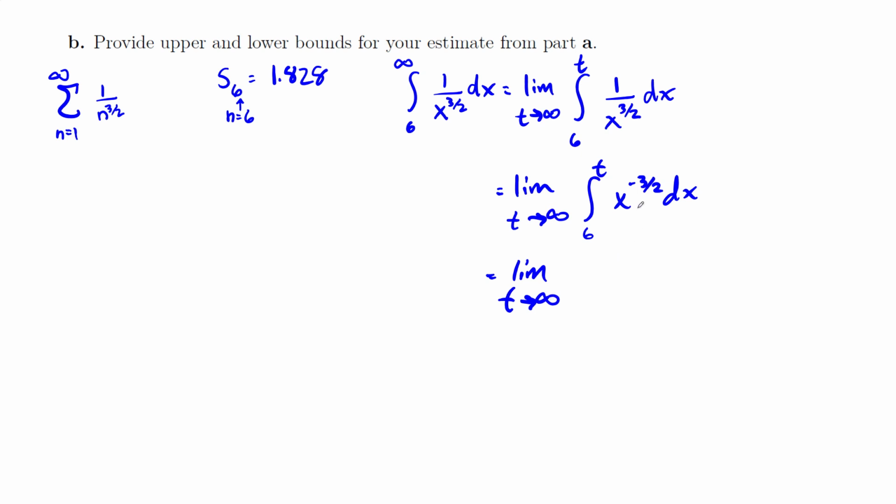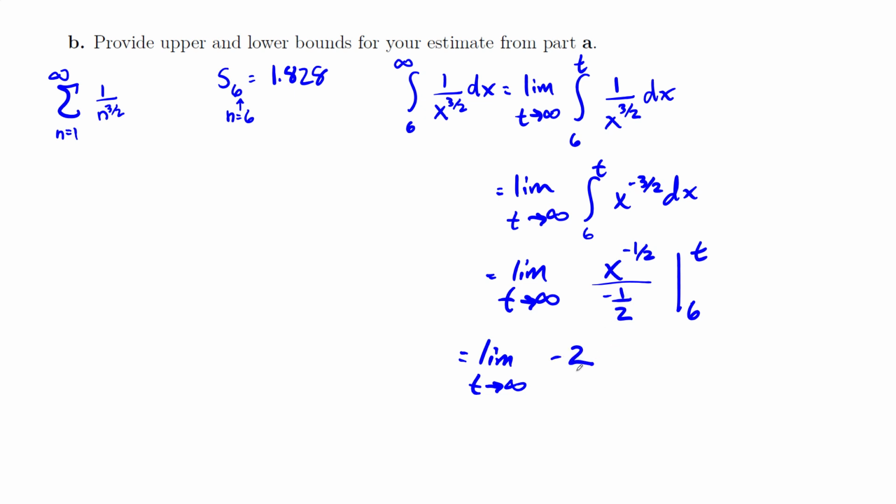And then, of course, we are going to add 1 to our exponent. So this will be x to the negative 1/2 divided by negative 1/2 from 6 to t. So this, of course, can become negative 2 on top, right, dividing by negative 1/2.